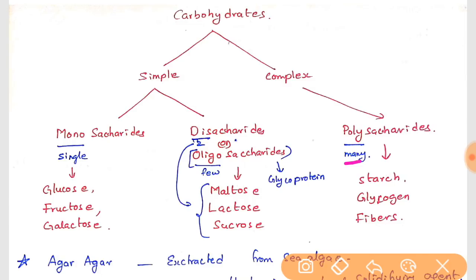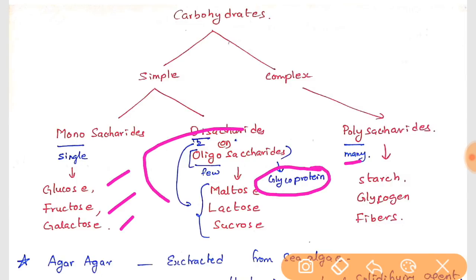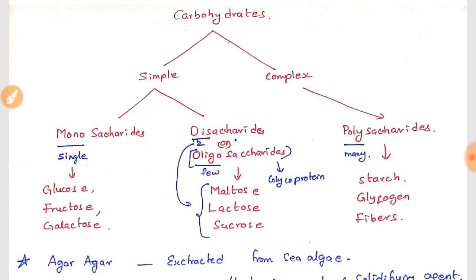Monosaccharides include glucose, fructose, galactose, and oligosaccharides include glycoprotein. Disaccharides include maltose, lactose, sucrose. Polysaccharides include starch, glycogen, and fibers, friends.